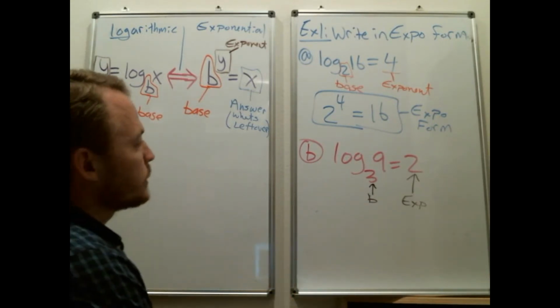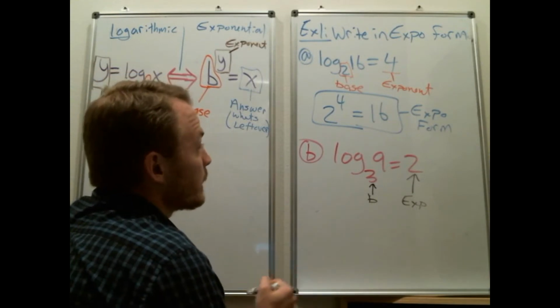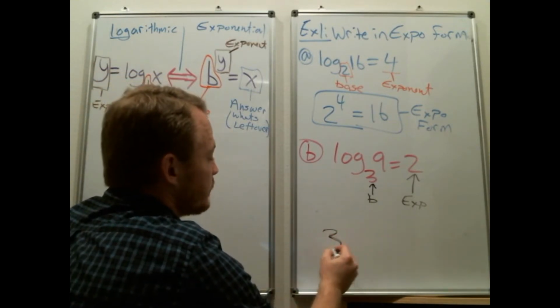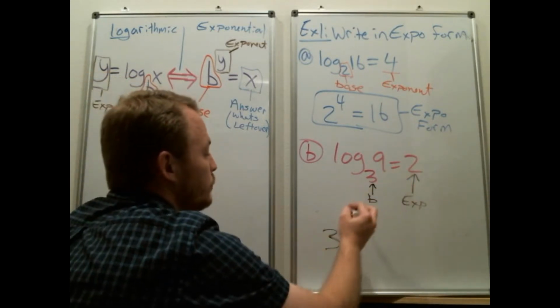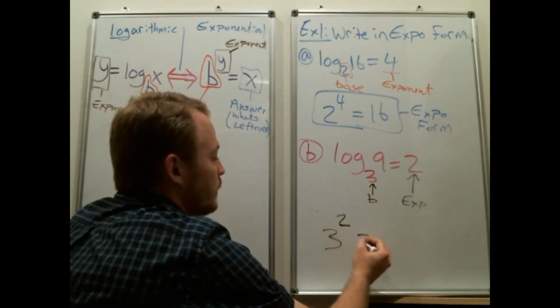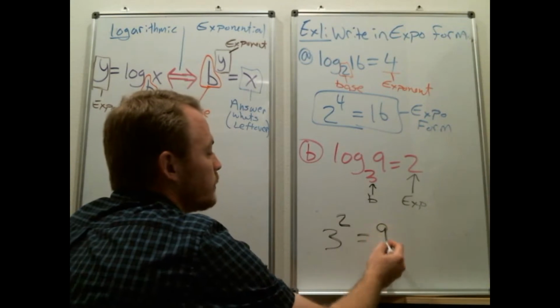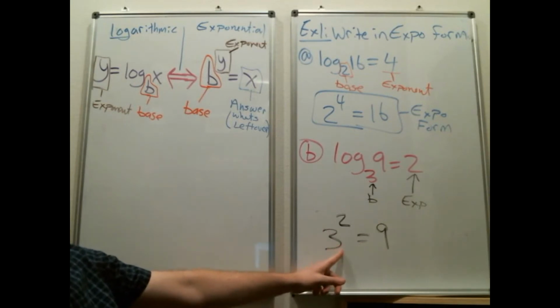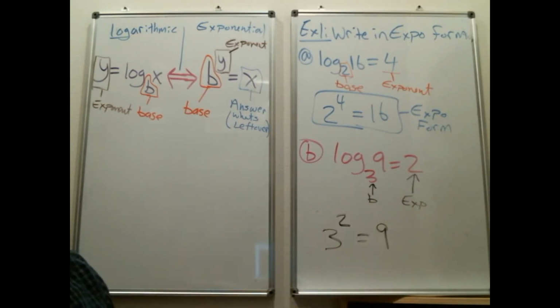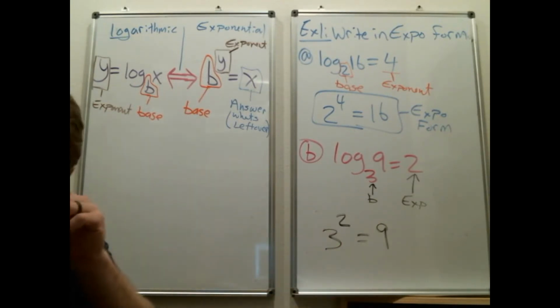So the way you start is, alright, what's my base? My base is 3. My exponent is 2. And then that's equal to what's left over, or the answer. And then ask yourself, see if you did it right. This is how you check. Does 3 squared equal 9? Yes, it does.